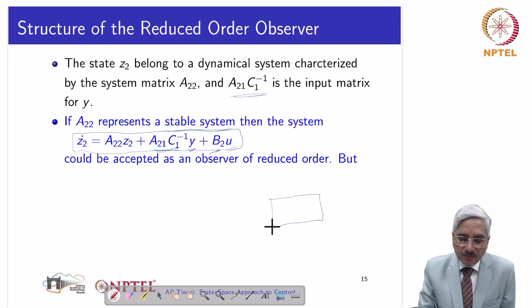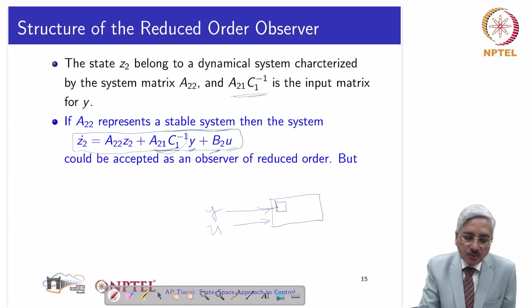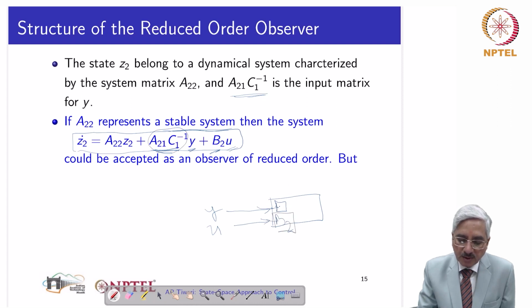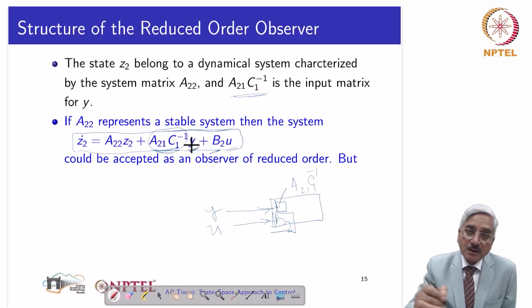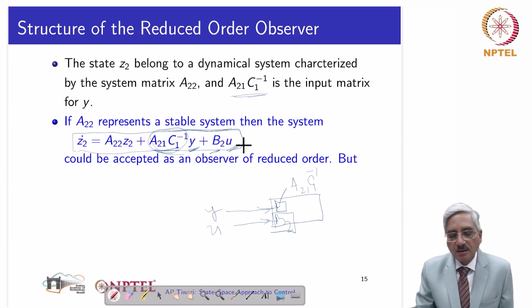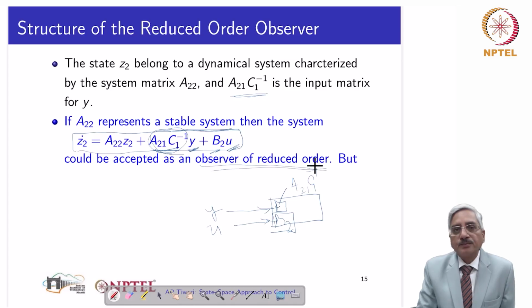So z2 dot will be the observer in which y will come and u will come from the system, and y will be processed through A21 C1 inverse, and u will be processed through B2. So the output of the actual system and the input to the actual system are both inputs to this observer.